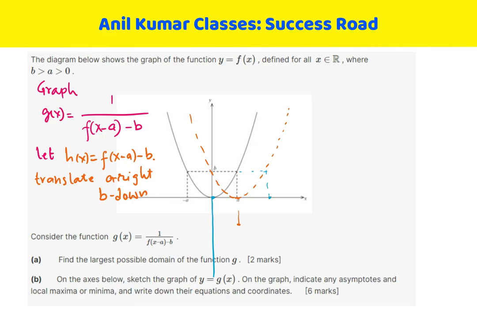And therefore you'll get a parabola which is being drawn in solid. Okay, let's do a better job. Okay, so that is h of x, right? Now once you have this function, then what we are going to draw is a reciprocal function, right?